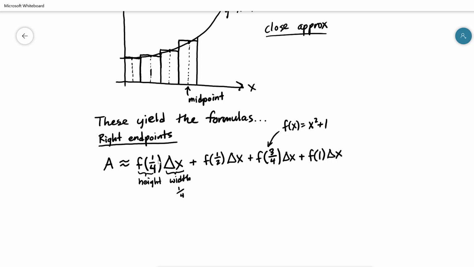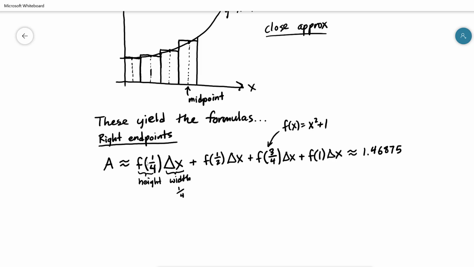So I'll get like 1 1/16 for this height. I'll multiply it by 1/4, and I would get some number here. I would do the same thing for this pair, and this pair, and I would sum them all up. And when you sum them all up, what I'm getting in this case is approximately 1.4687 is what I got doing that on a calculator.